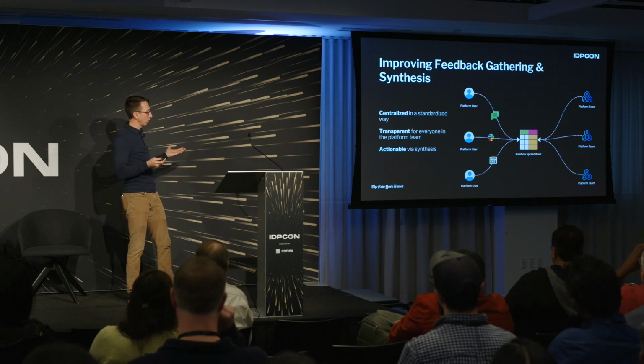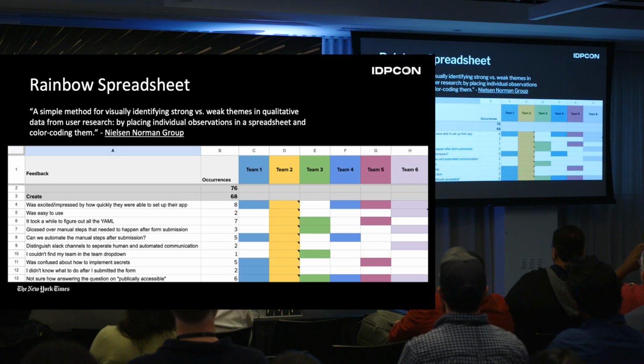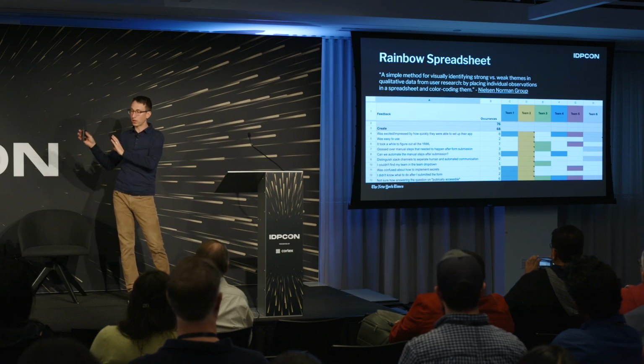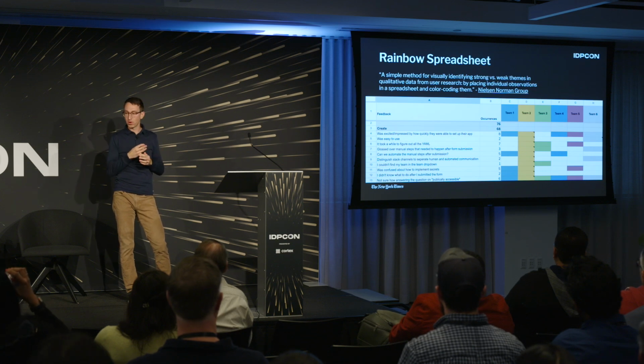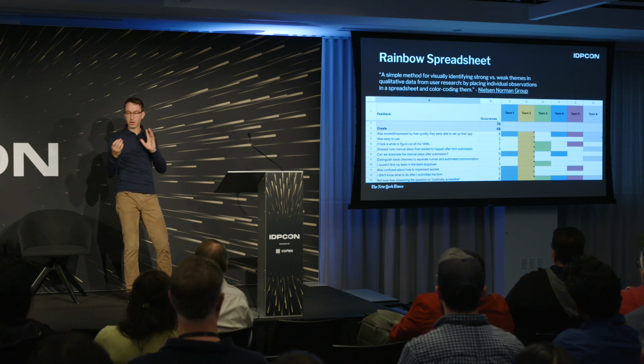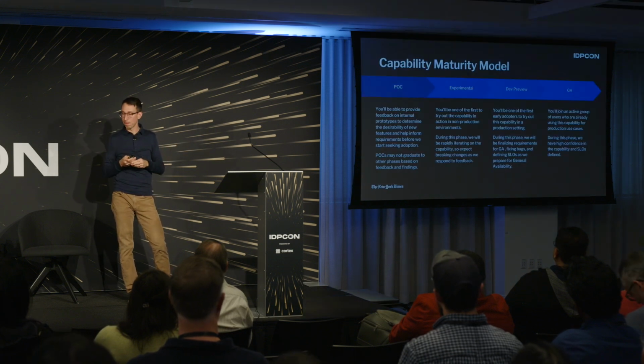And that's using this tool called a rainbow spreadsheet. It looks something like this, where you're taking all that data and putting it in a spreadsheet so it's visual, and you can identify strong and weak themes based on this user research. So it brings a quantitative layer to qualitative feedback by offering this heat map with different colors to understand common trends.